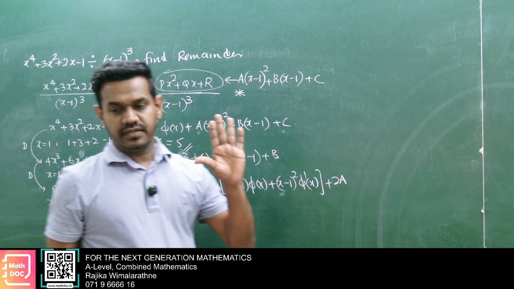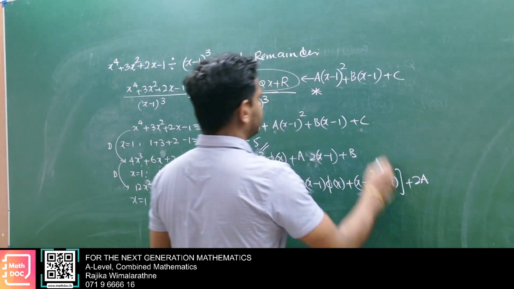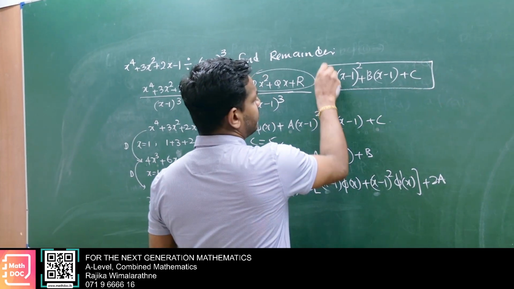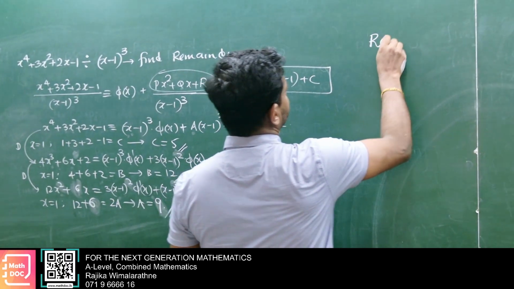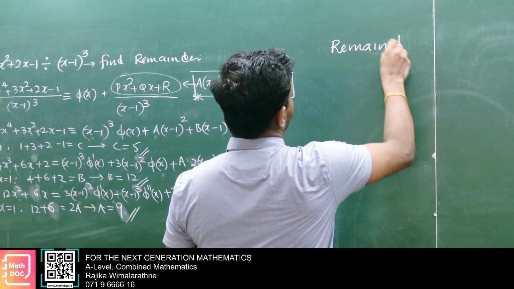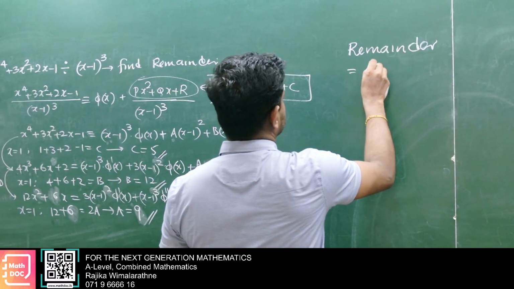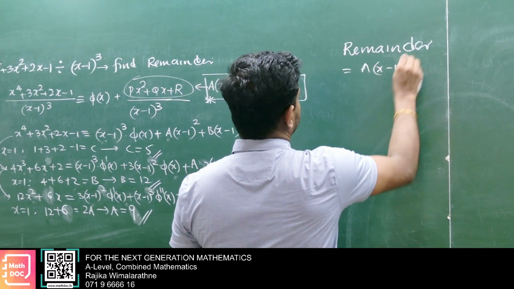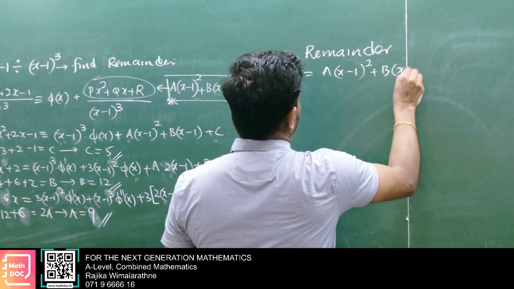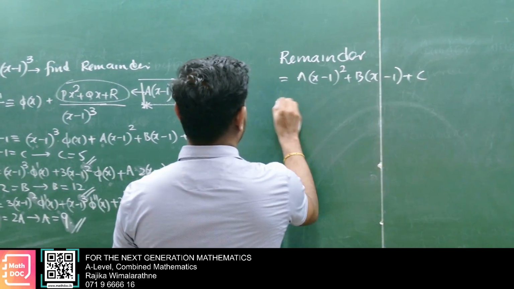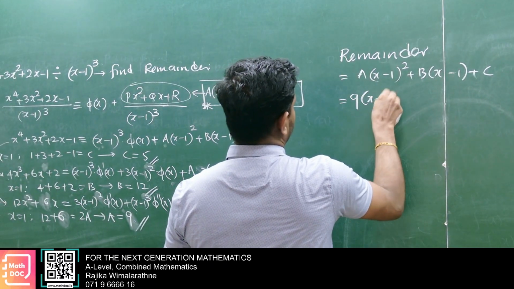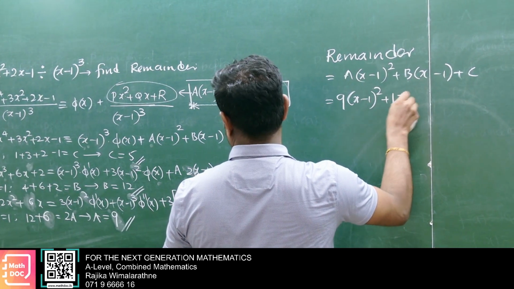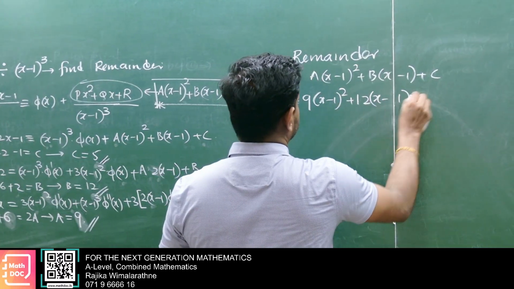Okay, then you write the remainder. This is the remainder now: a into (x minus 1) squared plus b into (x minus 1) plus c. a is 9, so 9(x minus 1) squared, b is 12, c is 5.